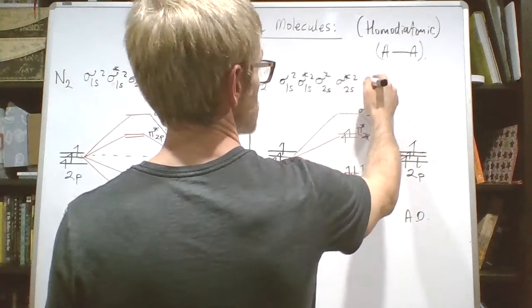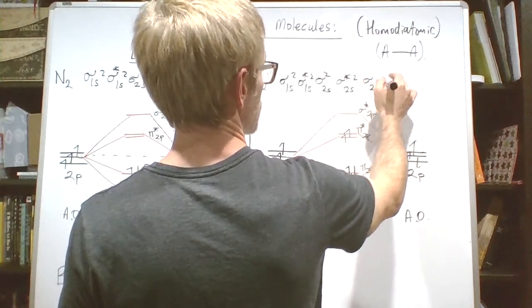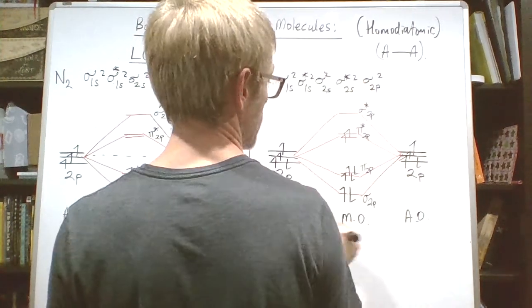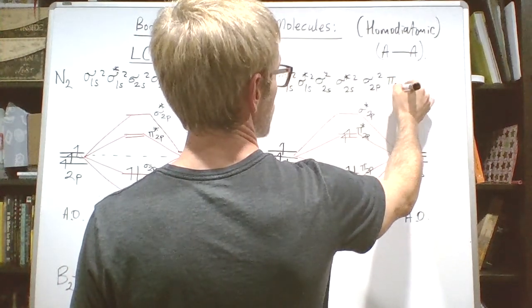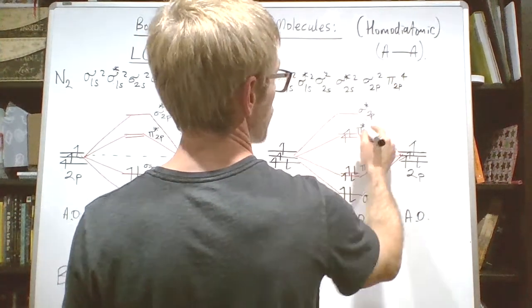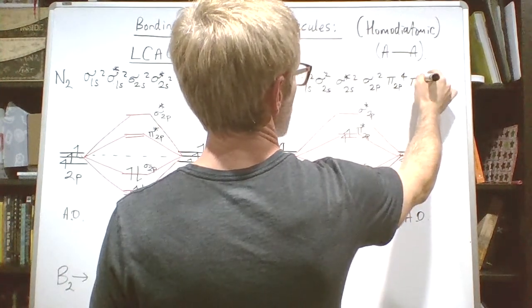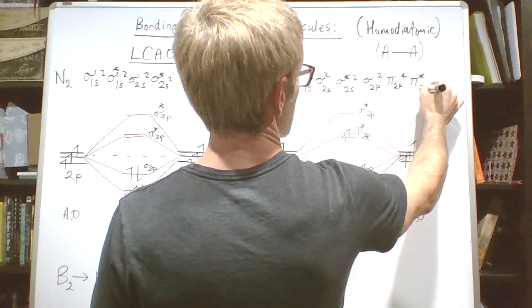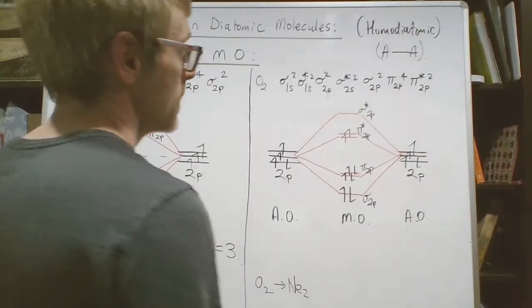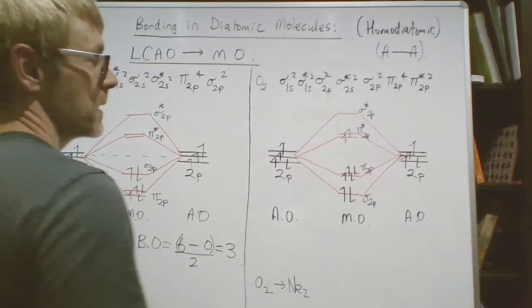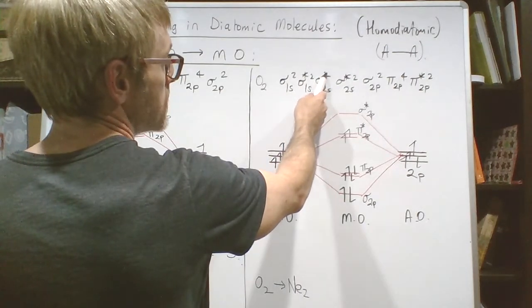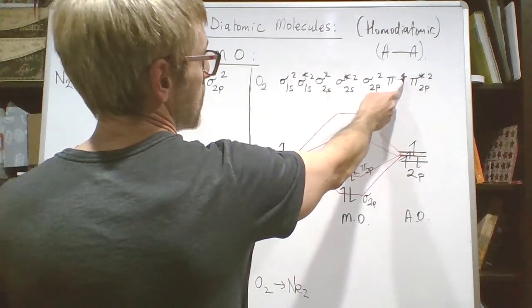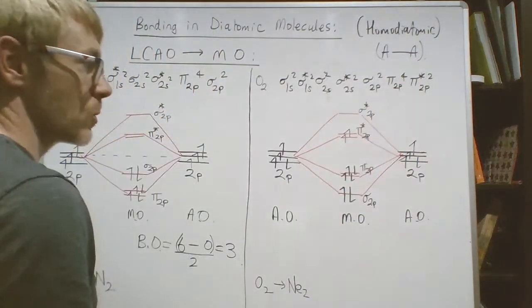Then we've got sigma 2p2, pi 2p4. And now we've got pi star 2p2. Okay, so I've got my 16 electrons total.